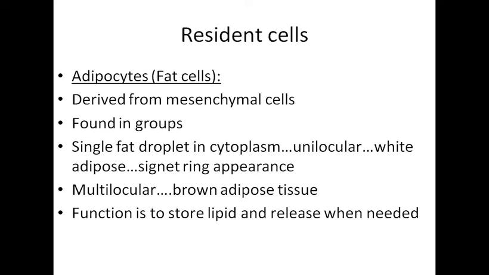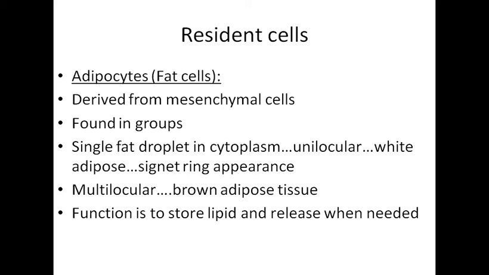Signet ring means single stone वाली ring, right? So if we find a single fat droplet in the cytoplasm, it will be termed unilocular, and it is usually the white adipose type. एडिपोज की दो टाइप्स होती हैं, white adipose and brown adipose tissue, right? तो white adipose tissue will appear unilocular, which is characteristic of signet ring appearance, and जो multilocular होंगे, means जो clump साथ में हमें दिख रहा होगा, that is brown adipose tissue.